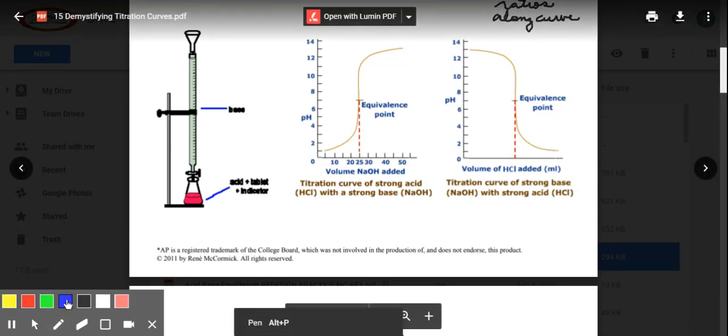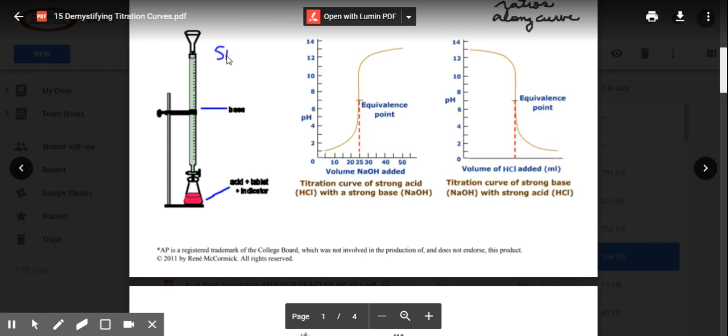First of all, if I have a strong acid, what will my pH range basically be? Well, strong acids have a pH of around 1 to 2. Weak acids have a pH range of around 3 to 5-ish.